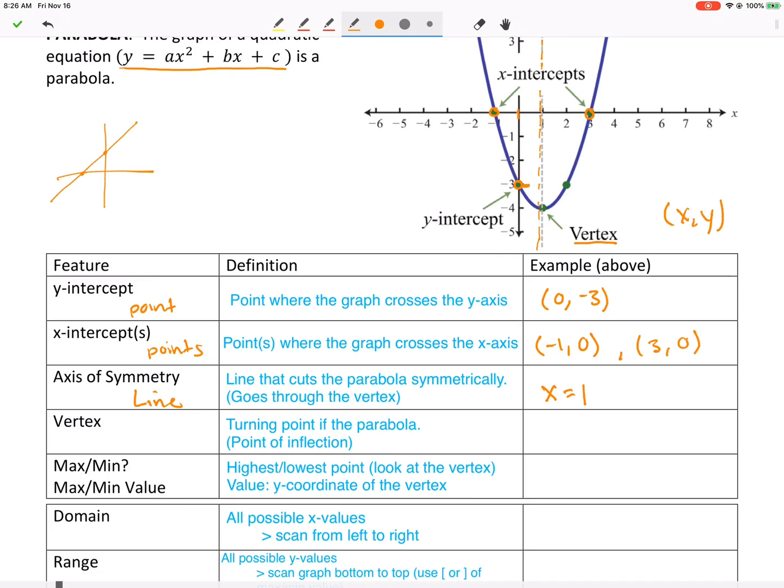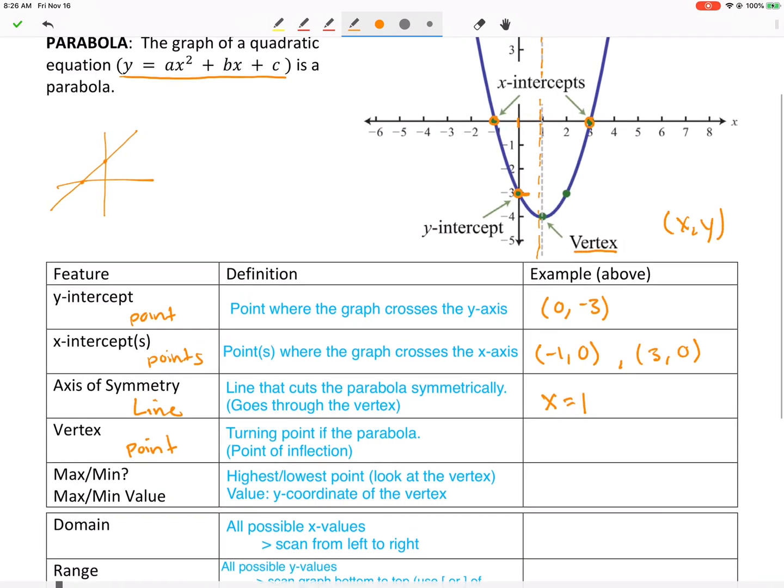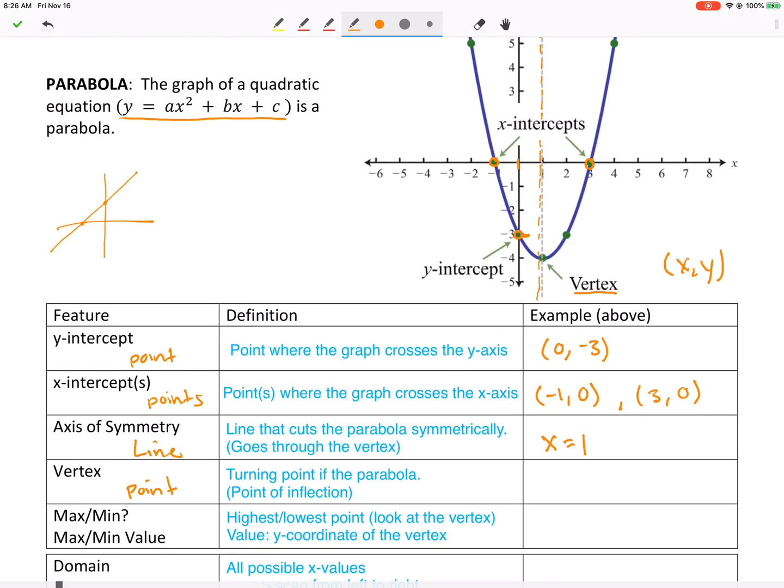Vertex, okay, this is also a point. Okay, it's the turning point of the parabola, or the point of inflection. So it's basically the point where the slope switches. If we look at this side, the slope is negative, and on the right side, the slope is positive.